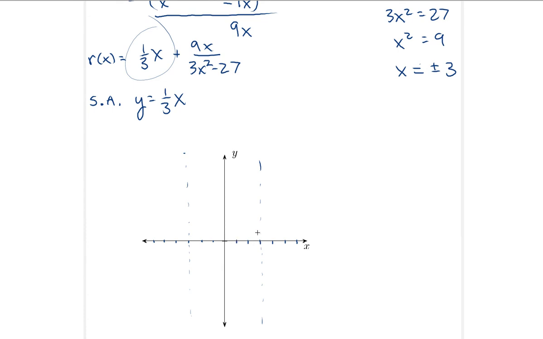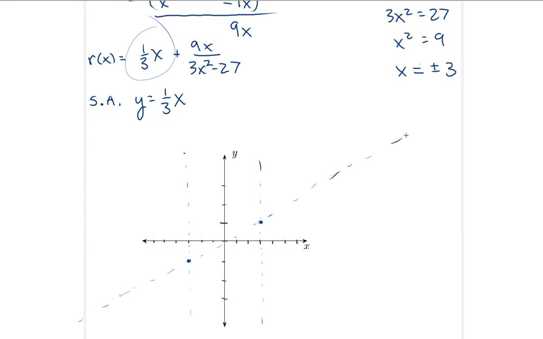But when I go over 3, I go up only 1. I'm going to make these ones be a little bit different in their spacing than what I have on the x. So I'm going to go over 3, up 1, down 1, left 3, right? And that's going to give me my slant asymptote.